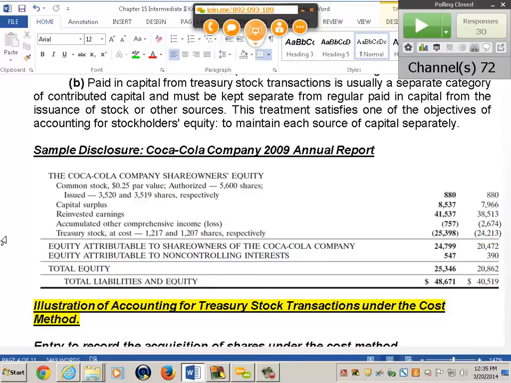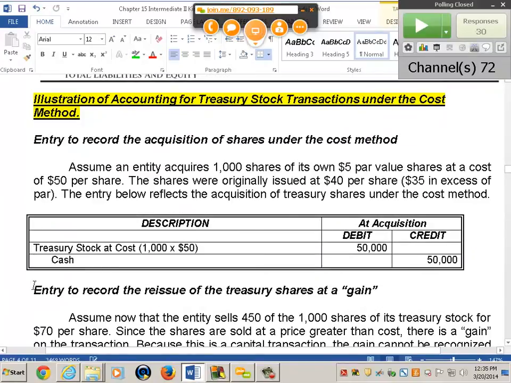All right, so here is your illustration. We're going to assume that a company buys back its own shares and will put them in the Treasury in this case. It's not going to be a retirement. They're going to put them in the Treasury. So they're buying back their own shares. They buy back 1,000 shares.